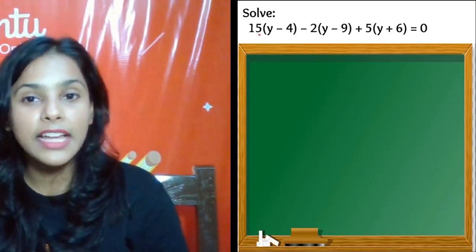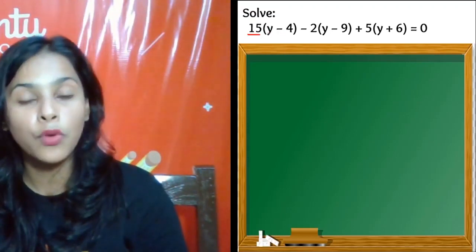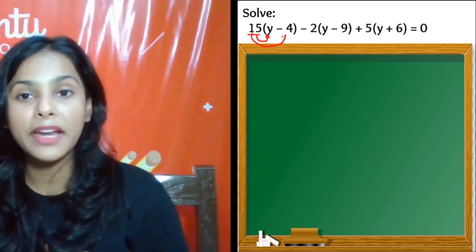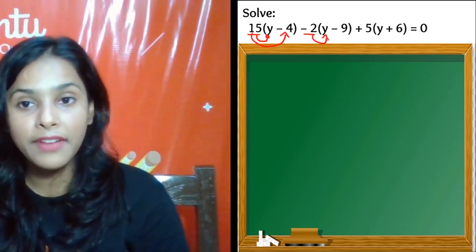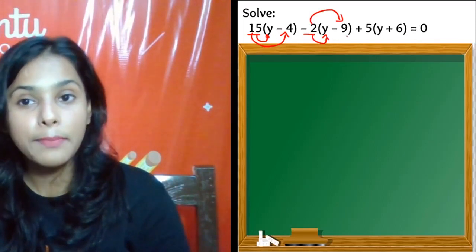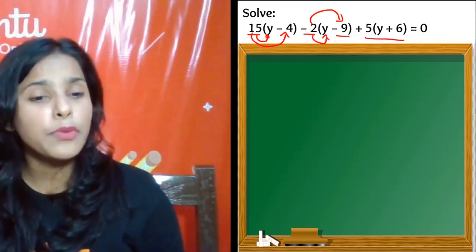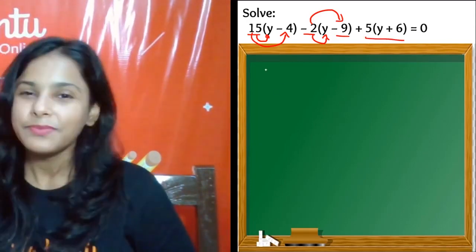Here 15 is multiplied with the whole bracket (y minus 4), so 15 multiplied by y and 15 multiplied by minus 4. Similarly, minus 2 multiplied by y and minus 2 multiplied by minus 9, and the same with the last bracket.